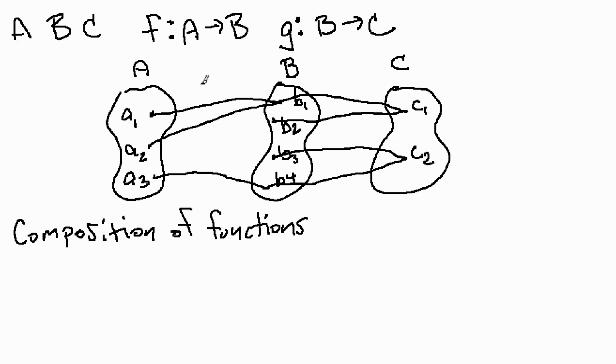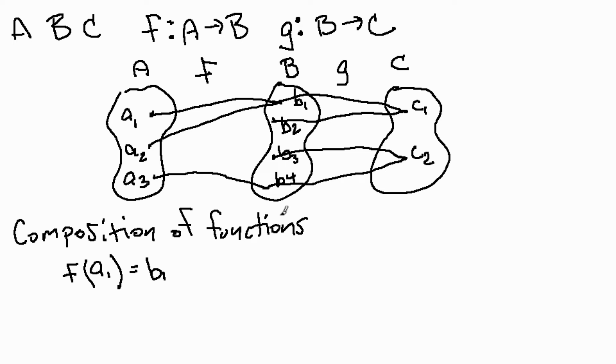Okay, so this is the function f over here, and this is the function g over here. Now note, what we can do is talk about f of a1, and according to our picture, that sends us over to b1.